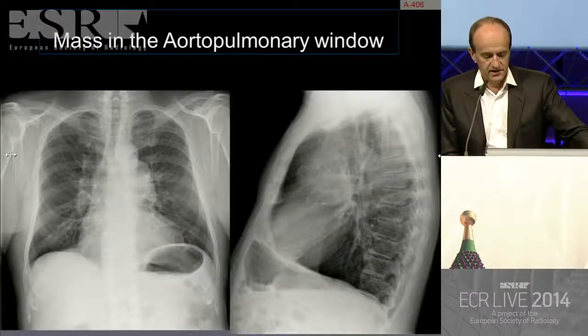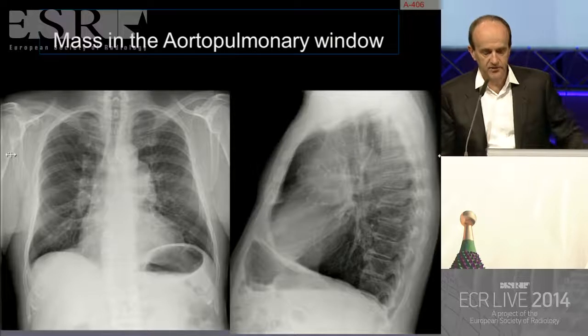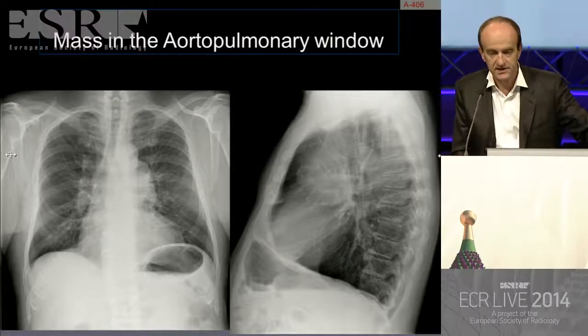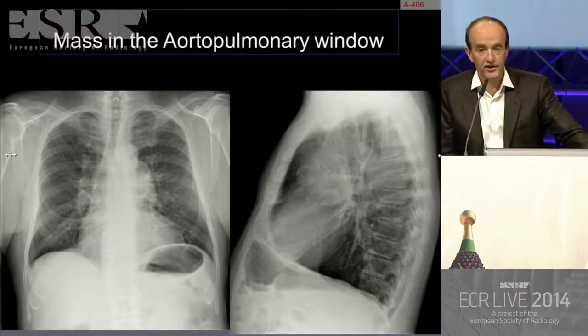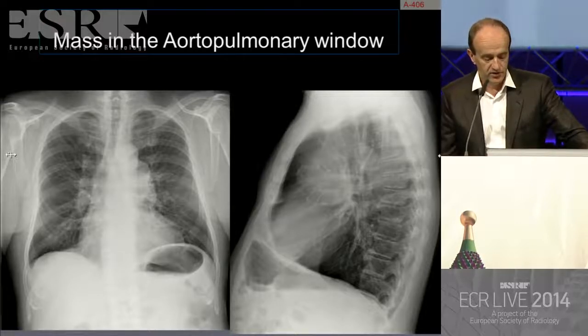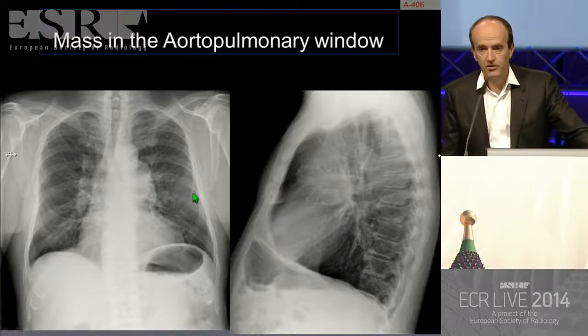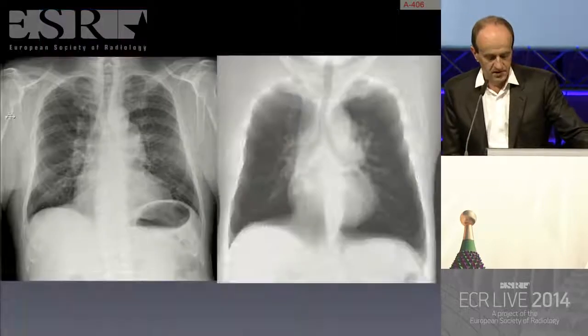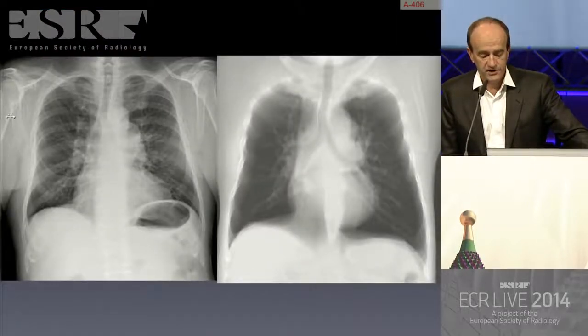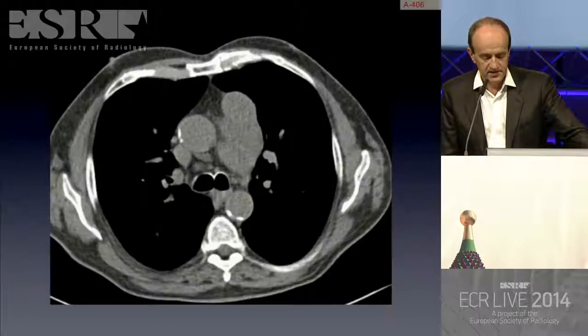And this is another patient with another example of a mass in this region, but the mass is located in the aortopulmonary window, just to show you the difference. The aortopulmonary window is bulging. The aortic arch is normal, and the pulmonary artery is somehow obliterated. Here, comparison with CT in 6 slabs.